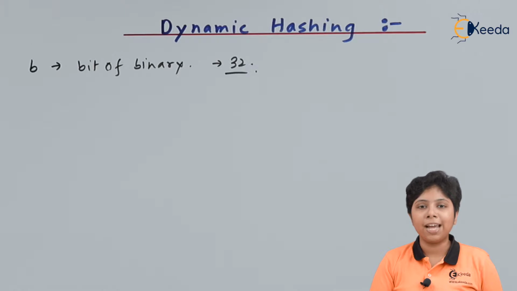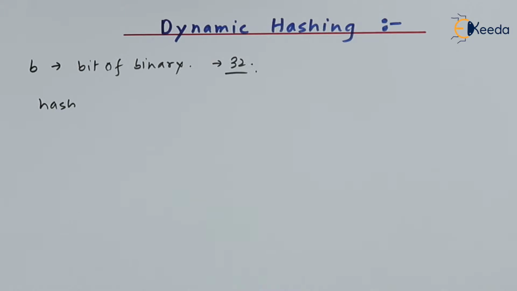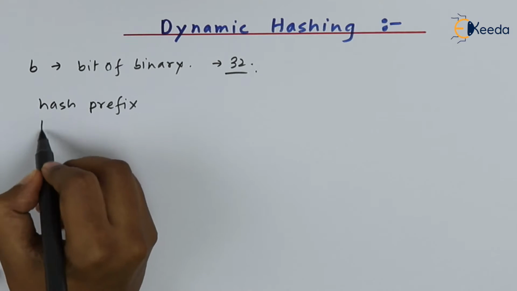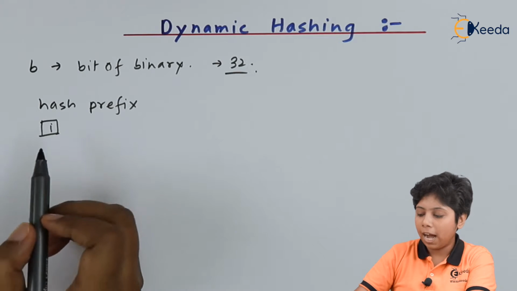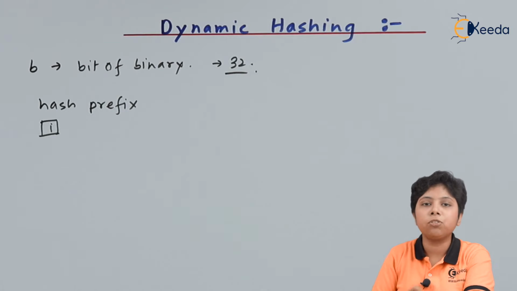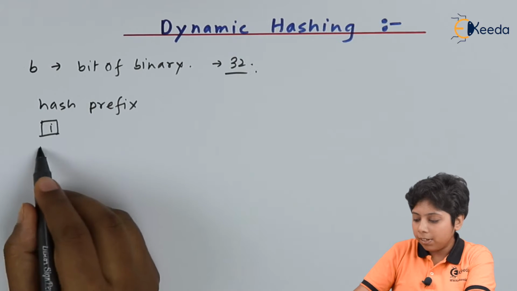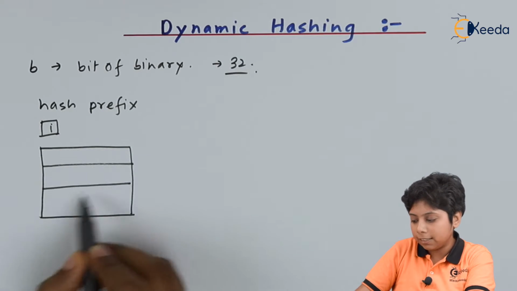Also we have the hash prefix i. This hash prefix i denotes that i bits are used to refer to the buckets, so the hash prefix i considers all the bucket numbers as its index.